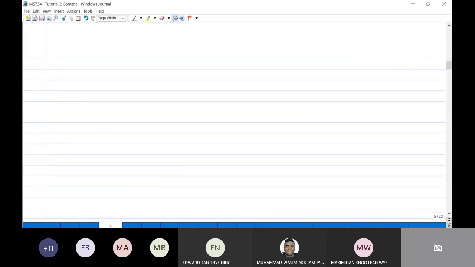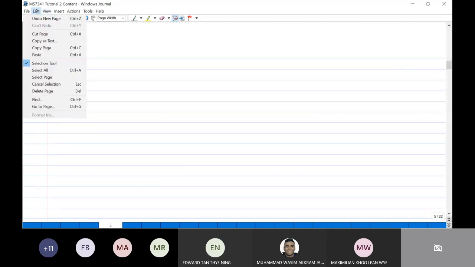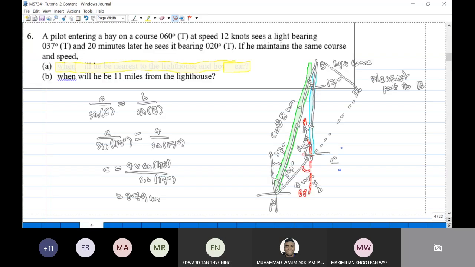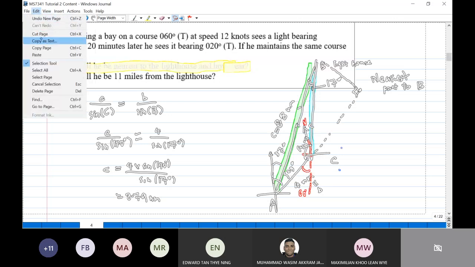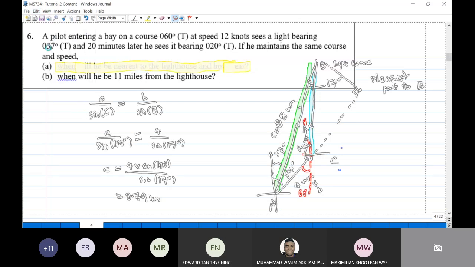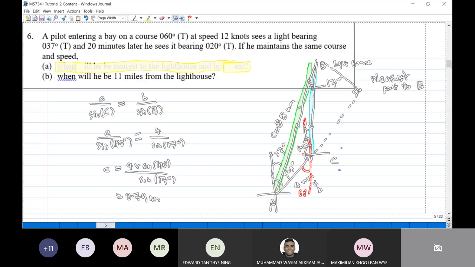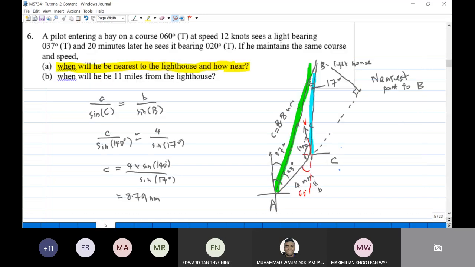I should select page only, copy here, because I don't want to write too many things here. So copy page, then I put here. Another thing to find is CB now. So I want to find CB. So I need to erase this one.